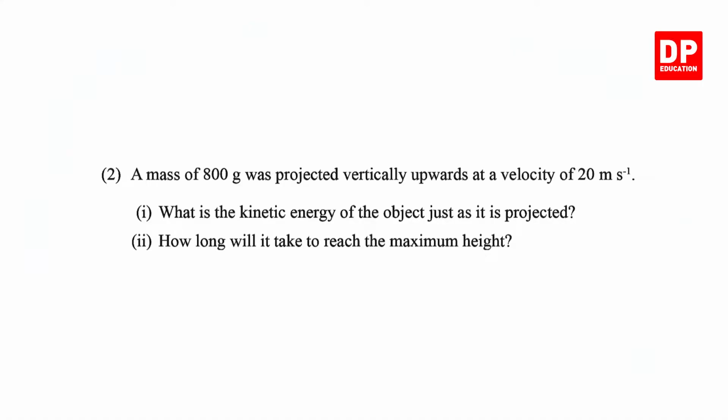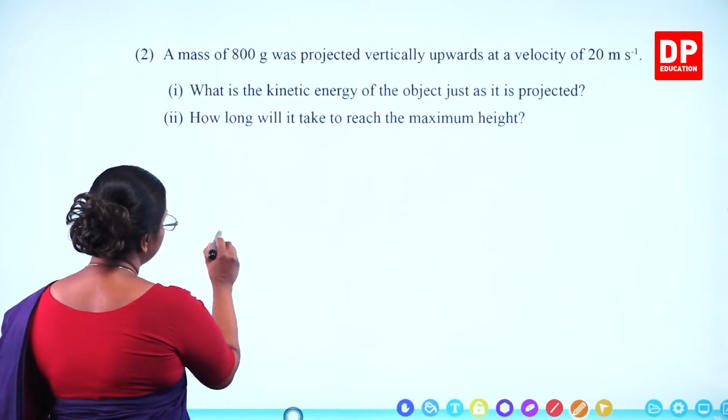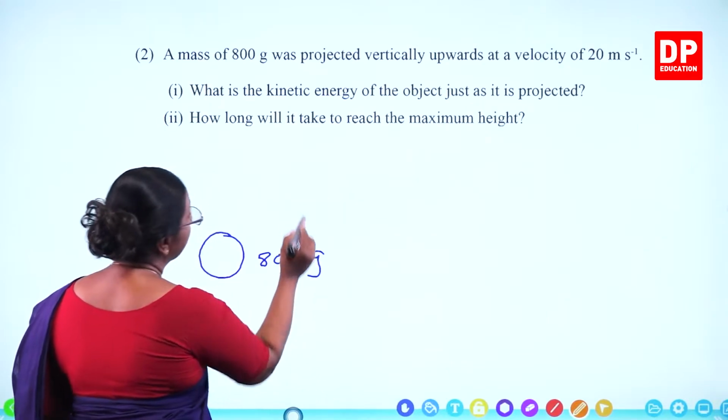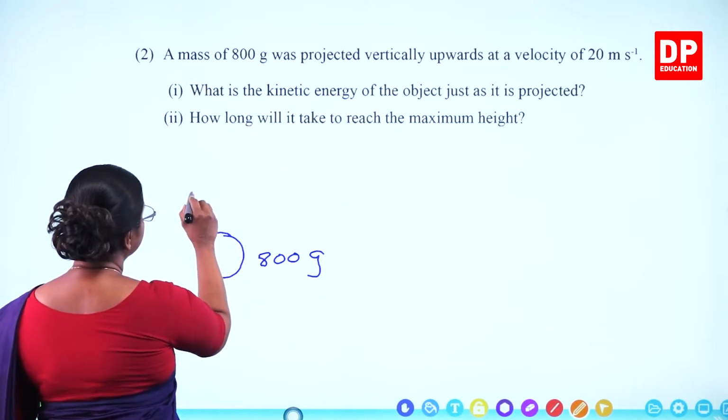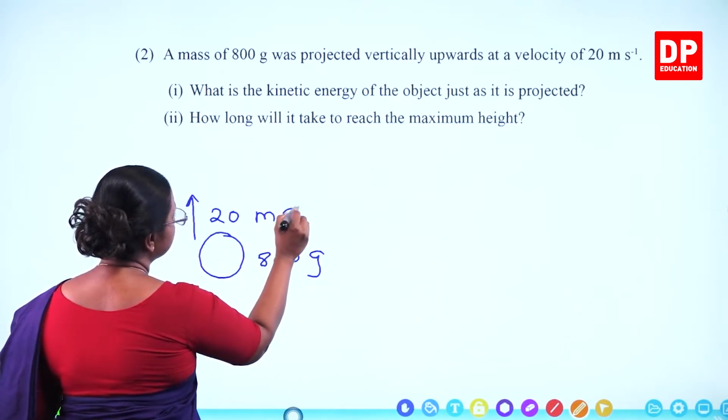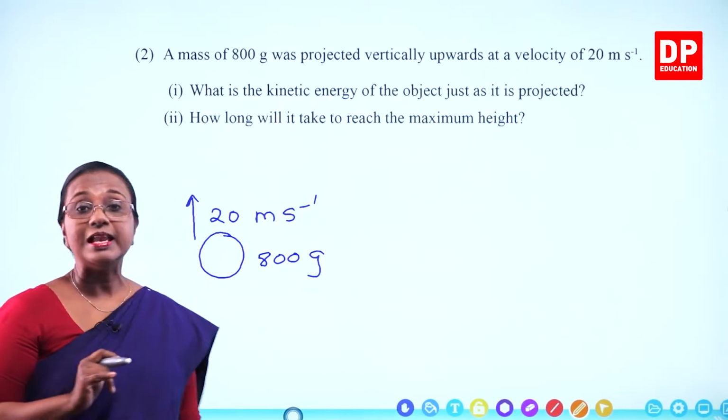Right. The second question. A mass of 800 grams was projected vertically upwards at a velocity of 20 meters per second. So you have a mass that is 800 grams and it was projected upwards with a velocity of 20 meters per second. So what will happen here?